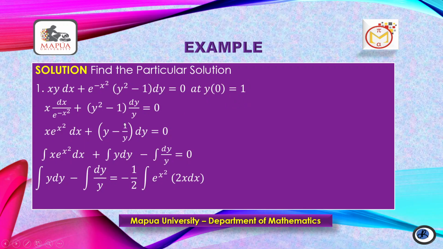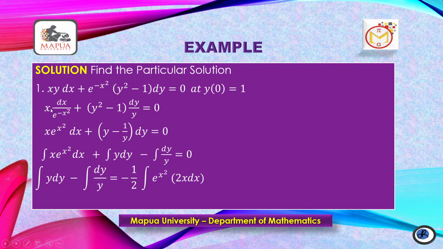First, we have to find the solution of this differential equation. As you can see here, we can combine the x with the dx. So just simply divide by e raised to negative x squared so that we can remove the x variable, and then divide by y on the first term.